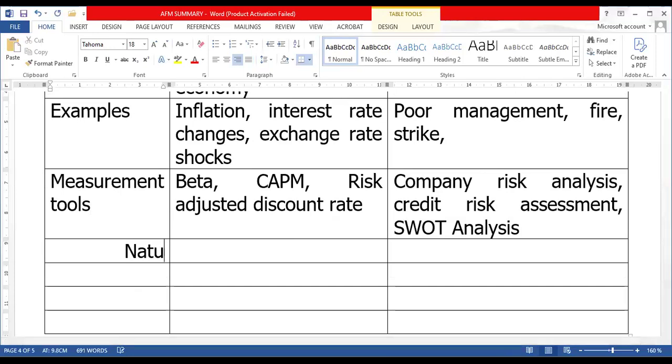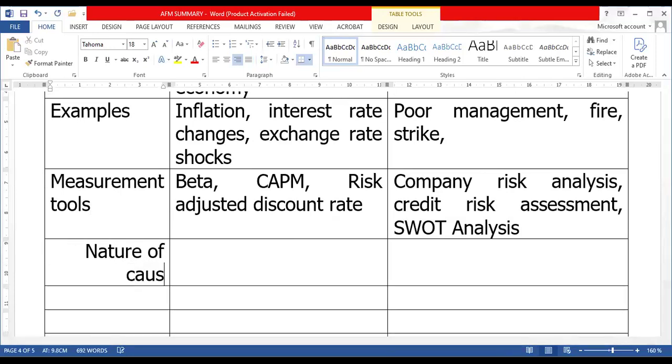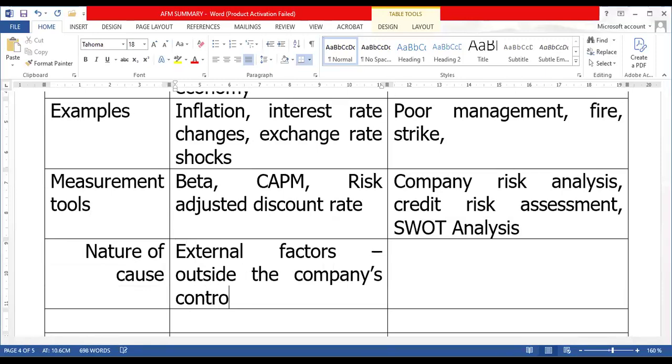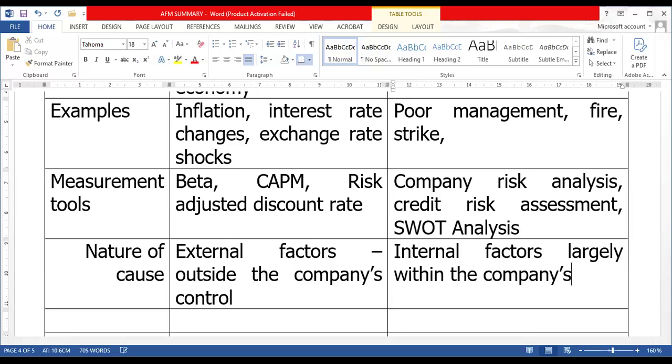Then the nature of the cause. Here you are talking about external factors, caused by external factors, which are outside the company's control. Then when it comes to unsystematic, this is caused by internal factors, largely within the company's control.